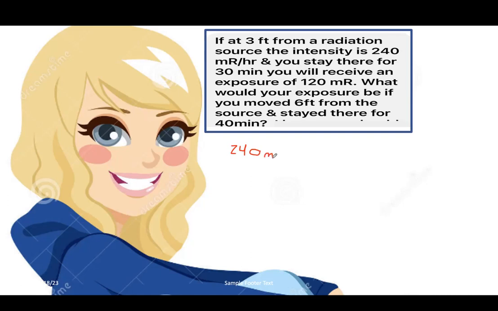Okay, so 240 milliroentgen per hour equals, 1 hour is 60 minutes.